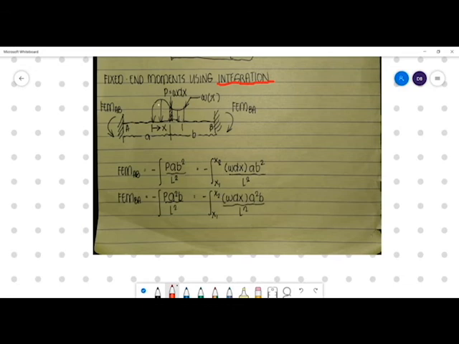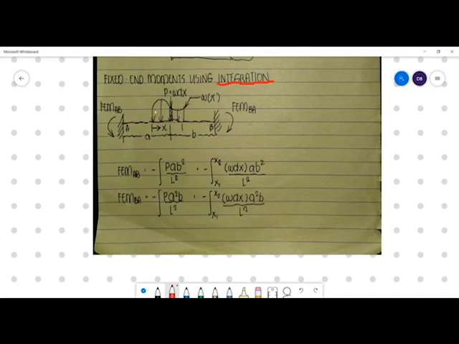Let's say this is a load as a function of x, and ang x natin is measured from the left side, either the left side or the right side of the load. So ang x natin dito is just measured from the edge of the load, hindi siya with respect to the beam.